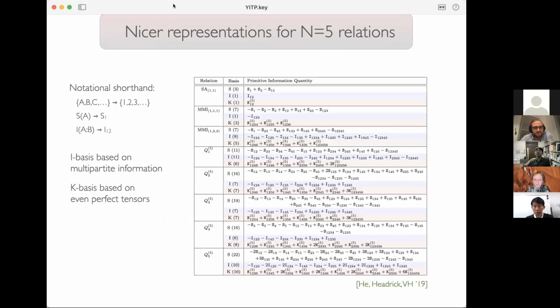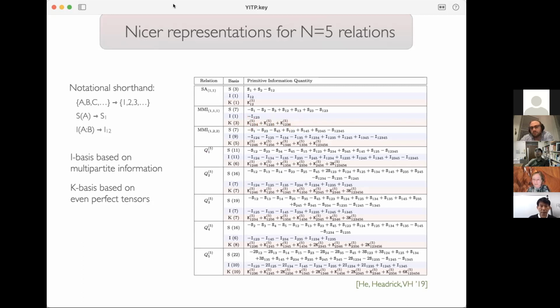I don't know whether this is very visible, but these K basis objects describe these different inequalities in a much more compact form. The first line, always the white line, is in entropy representation, and the other ones are in the multipartite information or in the K basis, and they're more compact. So already that's suggestive that somehow the K basis, or the I basis, is better.